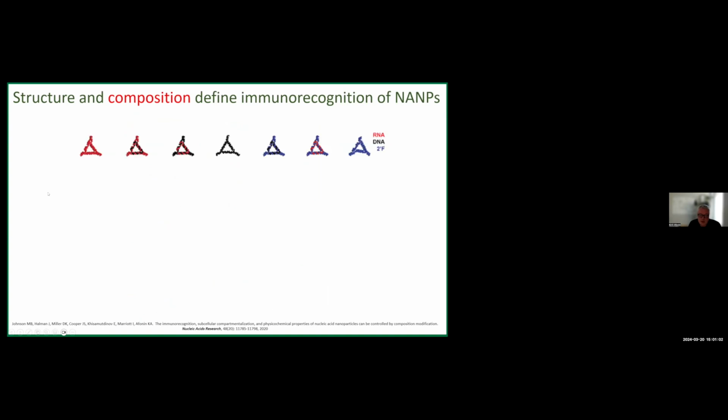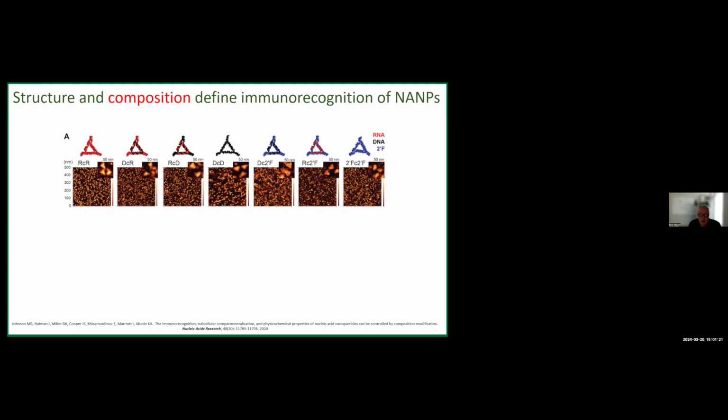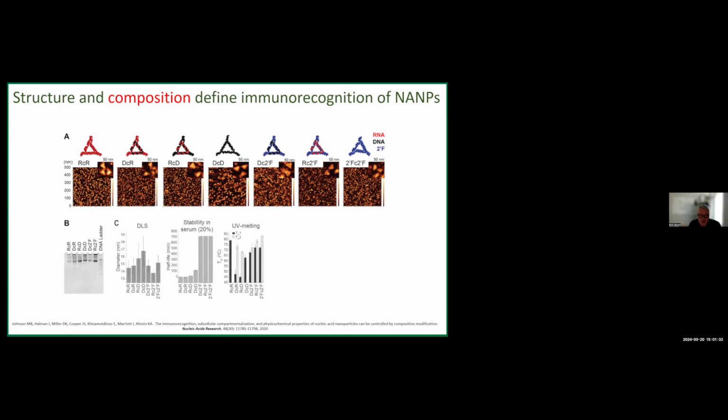We further studied the effect of altering the chemical composition of NAMPs that have the same connectivity and shape and size. So, for example, if you look at those nanoparticles, they all look like triangles and they're all made of 4 strands, but those strands can be either RNA or DNA or 2' fluorinated RNAs. And we can assess the homogeneity and morphology using atomic force microscopy, confirm the assembly via different gel electrophoresis techniques.